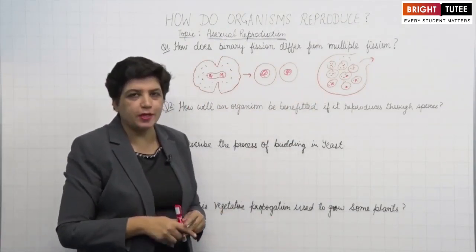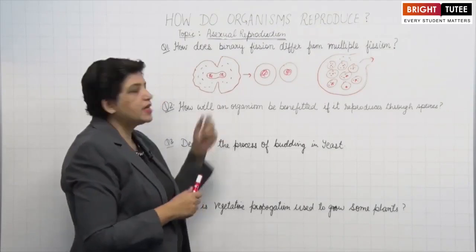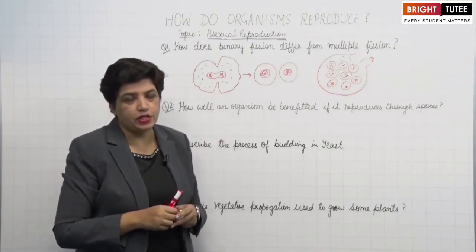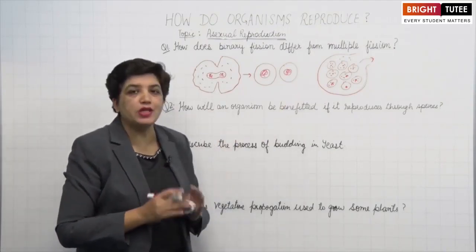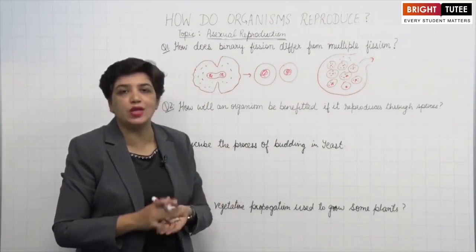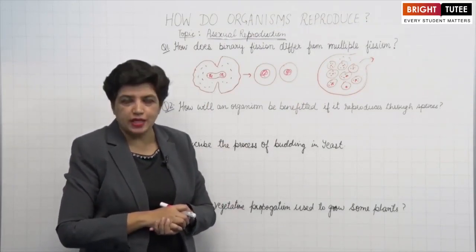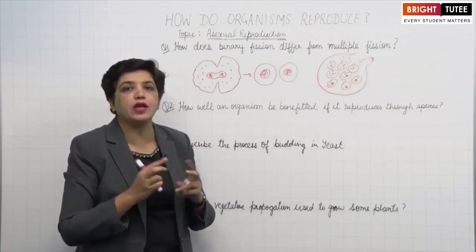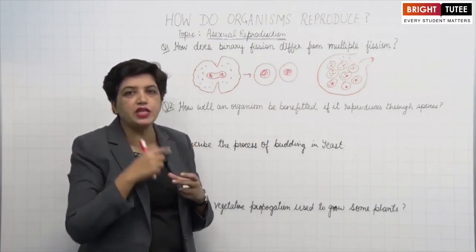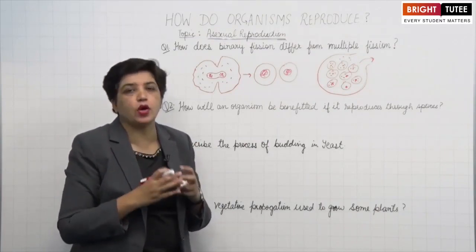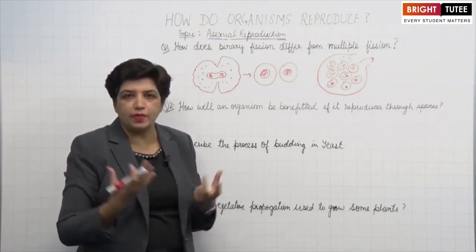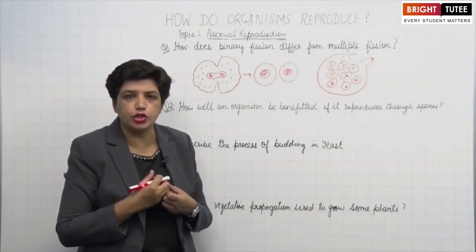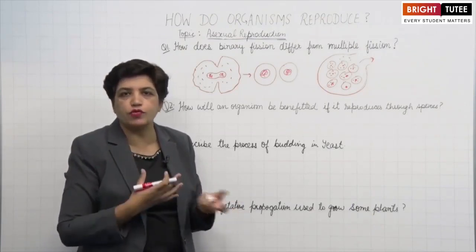daughter cells are formed. Another difference, binary fission happens only under favorable conditions, but multiple fission can take place both in favorable as well as under unfavorable conditions. In multiple fission, what happens? There is a hard covering which is called cyst outside each daughter cell, which protects the daughter cell from unfavorable environmental conditions like high temperature or dryness, less amount of moisture.